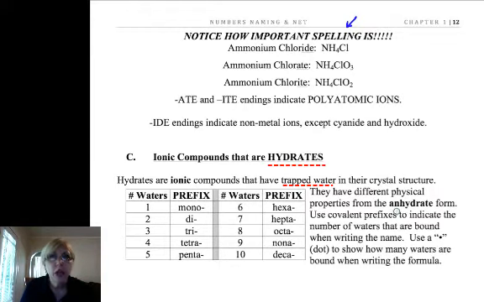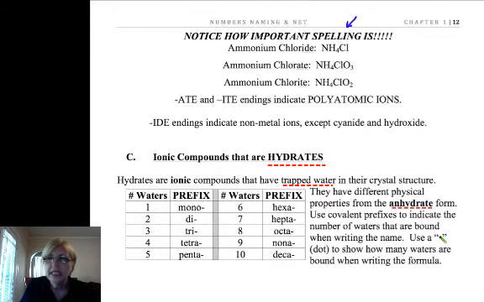For example, copper 2 sulfate pentahydrate is a beautiful blue, but copper 2 sulfate is more of a white, almost a white gray. When we gently heat off the water, we call that the anhydrate, an meaning without. So we have hydrates with water, anhydrates without water.